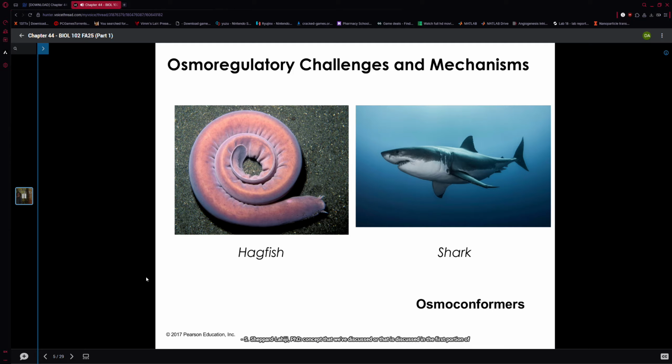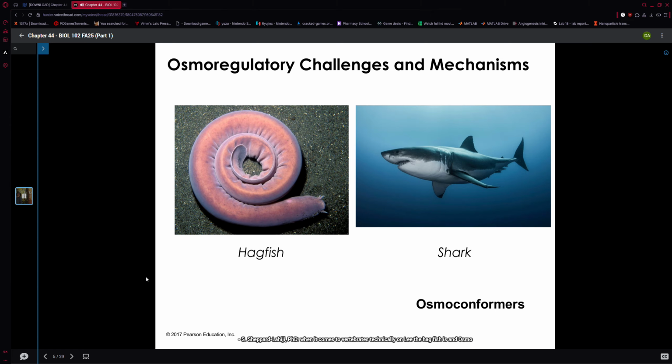And that's a concept that is discussed in the first portion of Principles of Biology when it comes to tonicity. Now, when there is no tendency for water to leave or enter, the category is defined as osmoconformer. So an organism that behaves in that manner is an osmoconformer. So they're going to be in osmotic equilibrium with their environment.